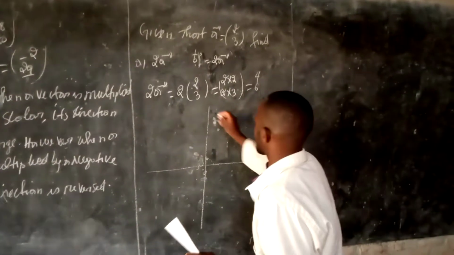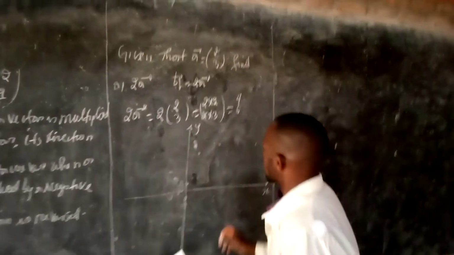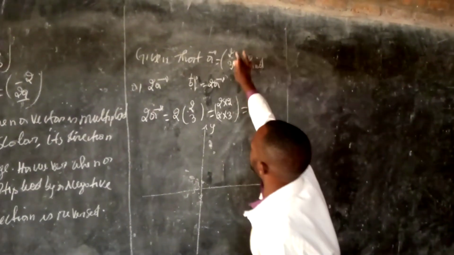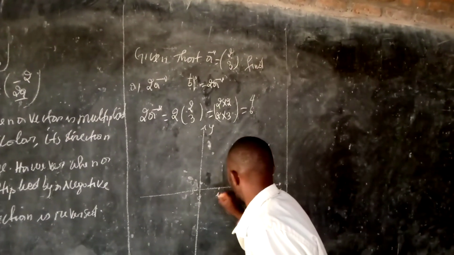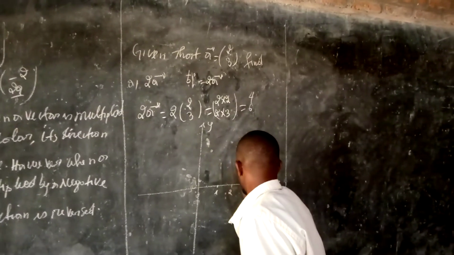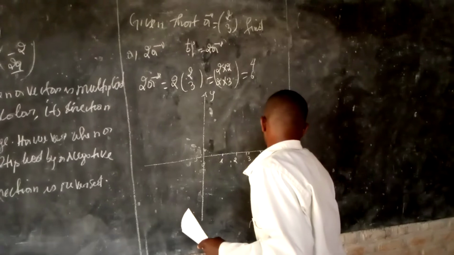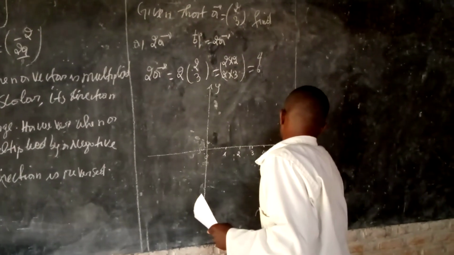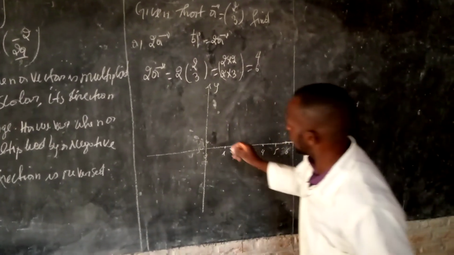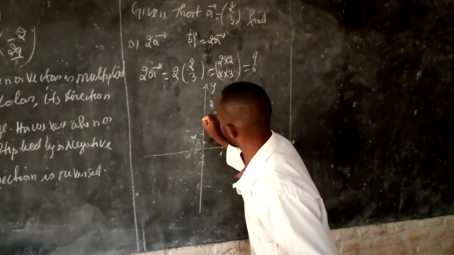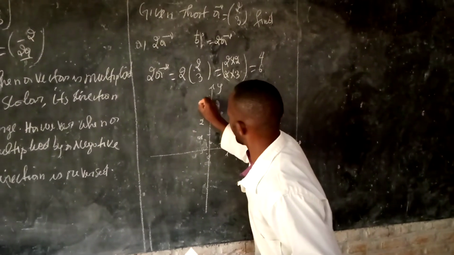This is the x-axis, this is the y-axis. Now vector A has the coordinate 2 and 3. Here you have 1, 2, 3, 4, 5, 6, and here you have 1, 2, 3.